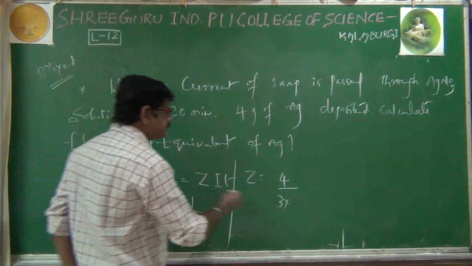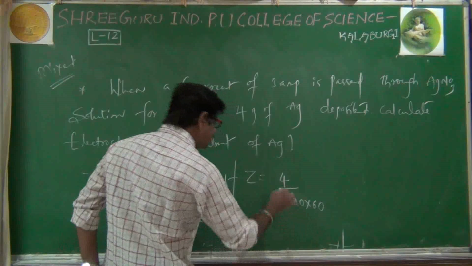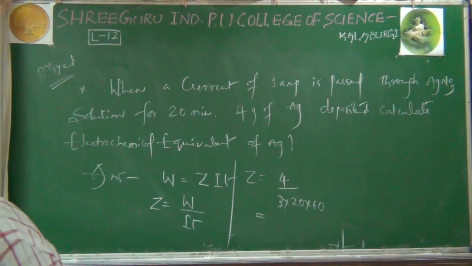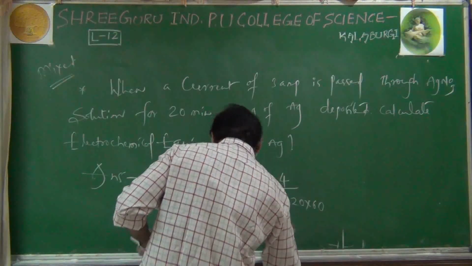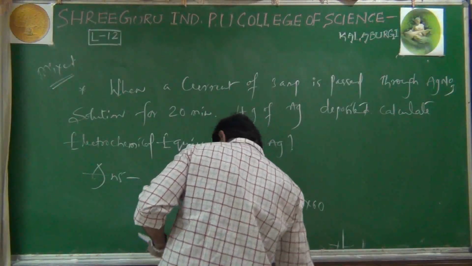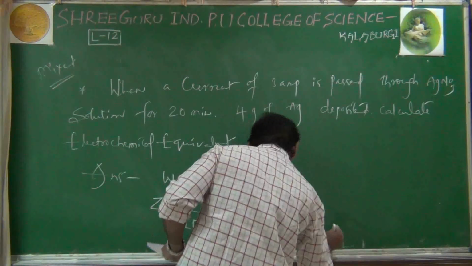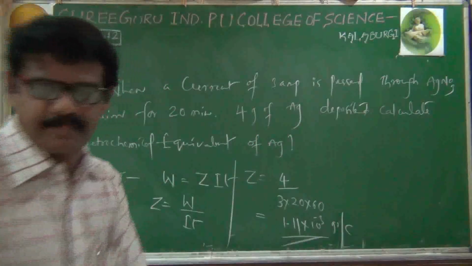Therefore 20 minutes, 20 into 60 we have to do. Then your answer is 1.11 into 10 to the power of minus 3 grams per coulomb. That's all.